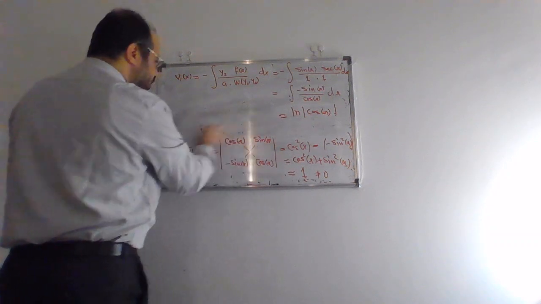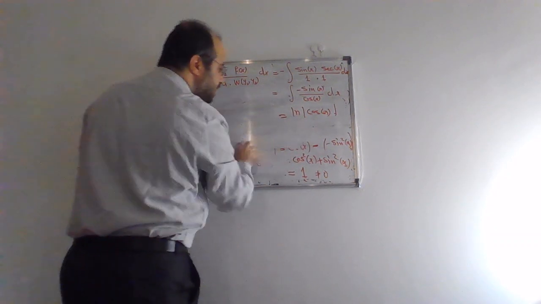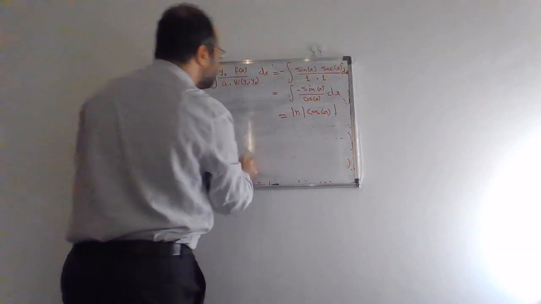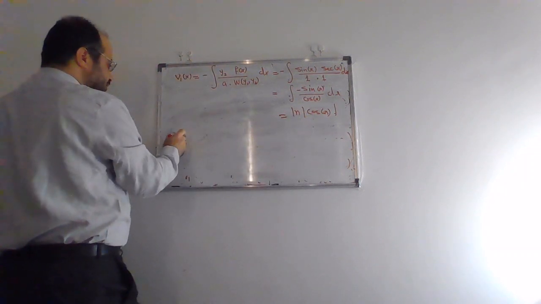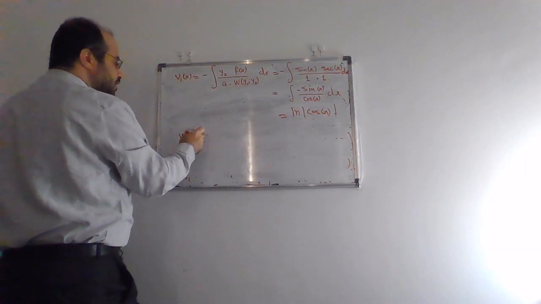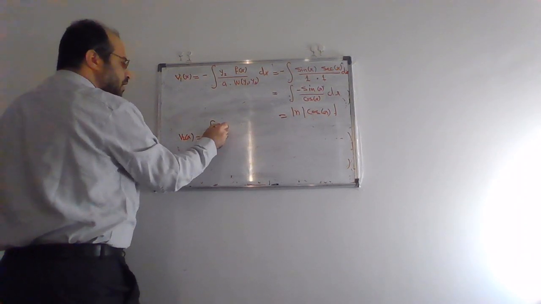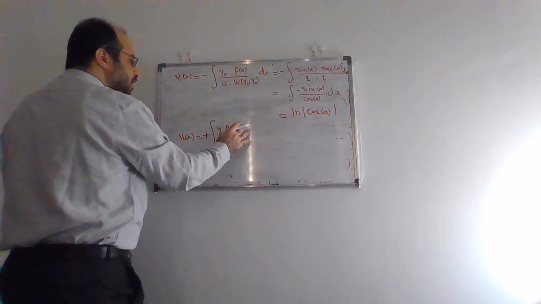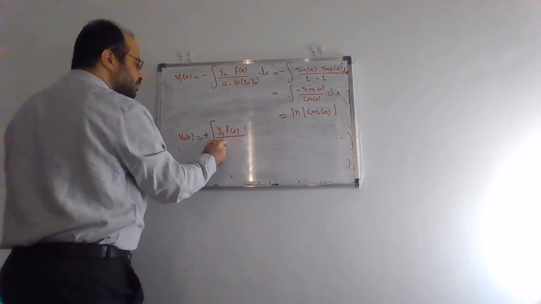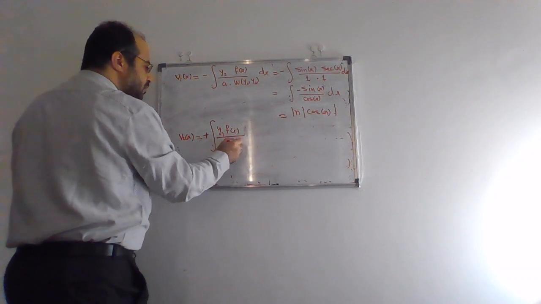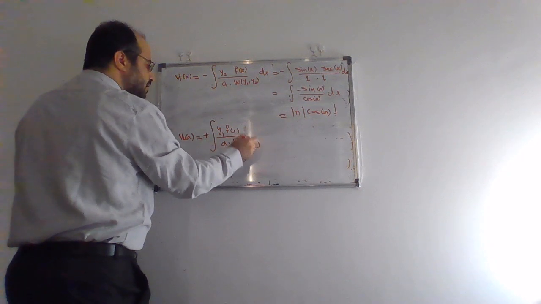So I got V1, now I need to get V2. For V2 you're going to have a plus sign, and then y1, f of x, over a, and W of y1, y2, and then dx.